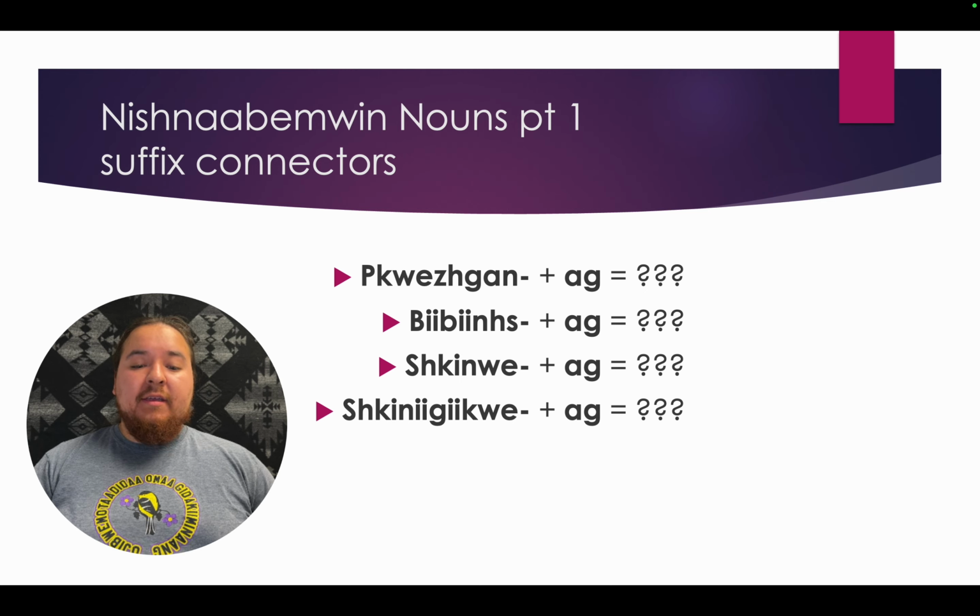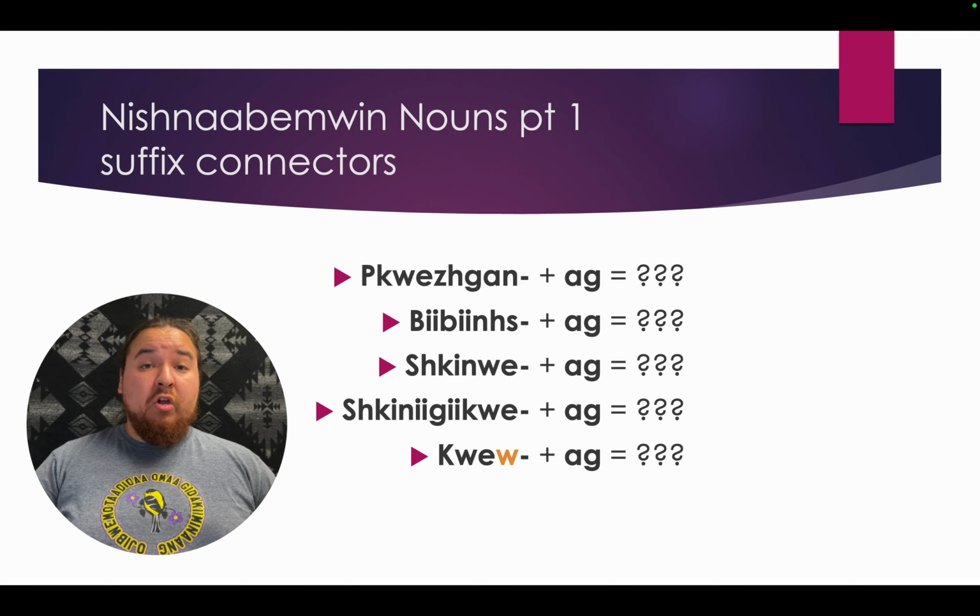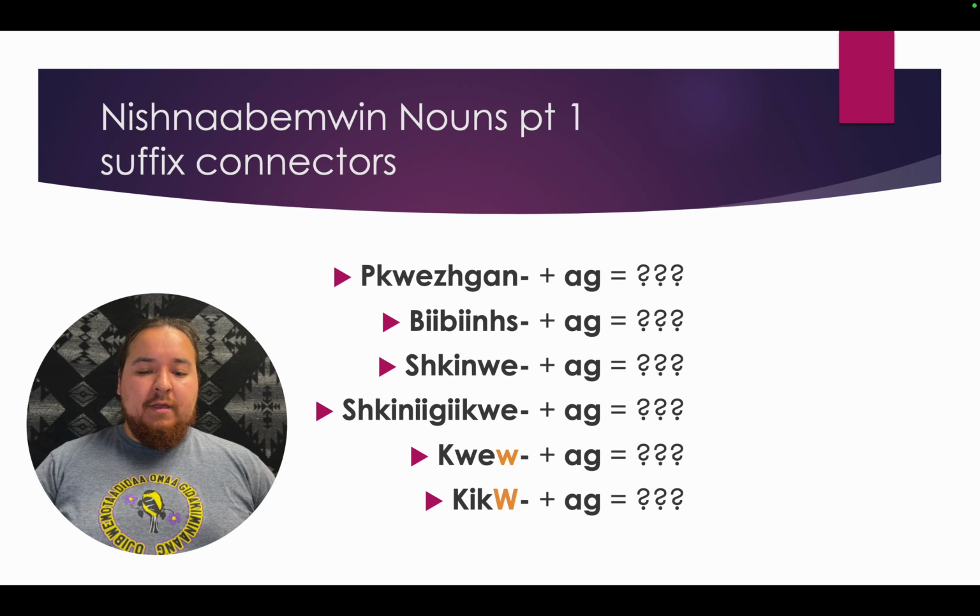Shkinigikwe, again, no suffix connector, add ag. We'll see what happens with those vowel enders. Kwe, however, has a lowercase w suffix connector. So we'll see how that affects the ag when we add it for pluralizing. Kik has an uppercase W suffix connector. So if you remember what happened with mong, you apply that to kik when pluralizing.